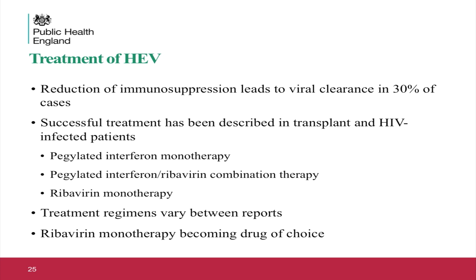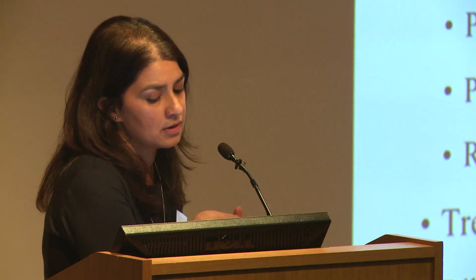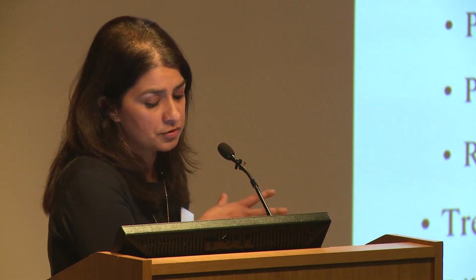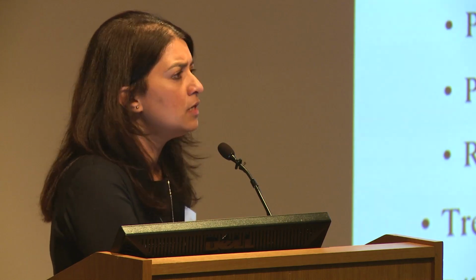And they're being treated successfully using drugs typically used to treat hepatitis E. So that's ribavirin or interferon therapy. And this is either in combination or as a monotherapy. So the treatment regimens do vary between reports, but I think ribavirin monotherapy is rapidly becoming the drug of choice. It's incredibly potent. We see a very rapid drop in viral load with very little side effects.